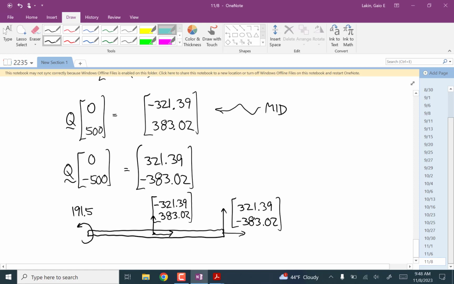And now that's a really easy internal loads calculation. Any questions about that? Okay.